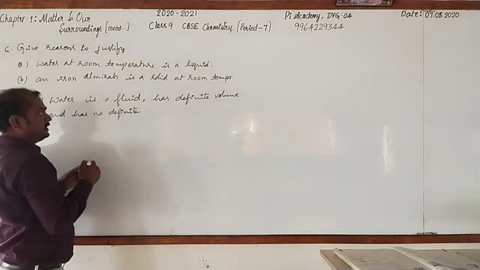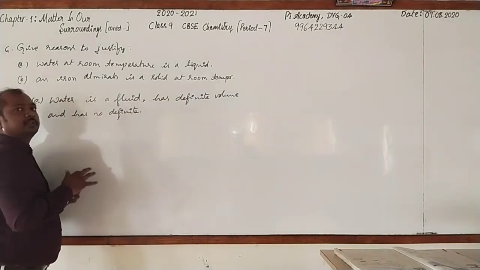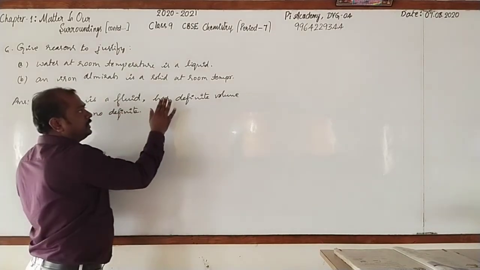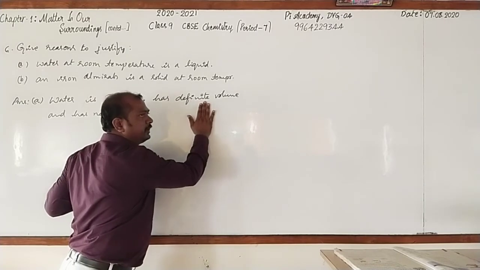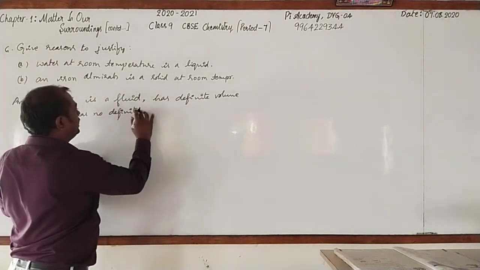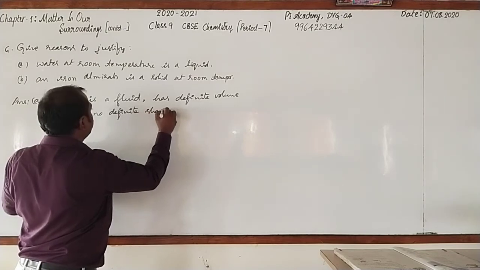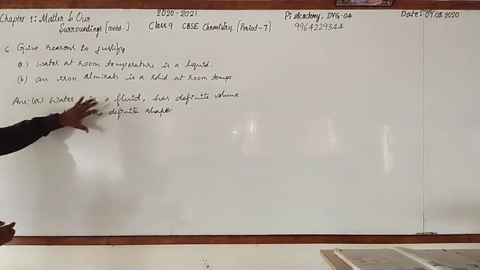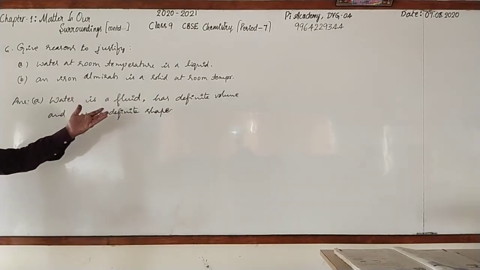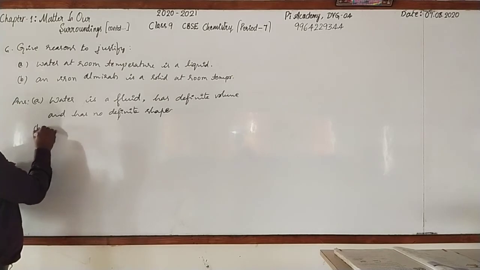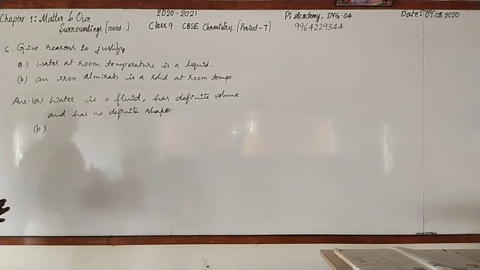See that these are the properties of the liquid. Liquids are fluid, liquids have definite volume but they have no definite shape. So therefore, as water has these properties, we can say that it is a liquid. Clear?